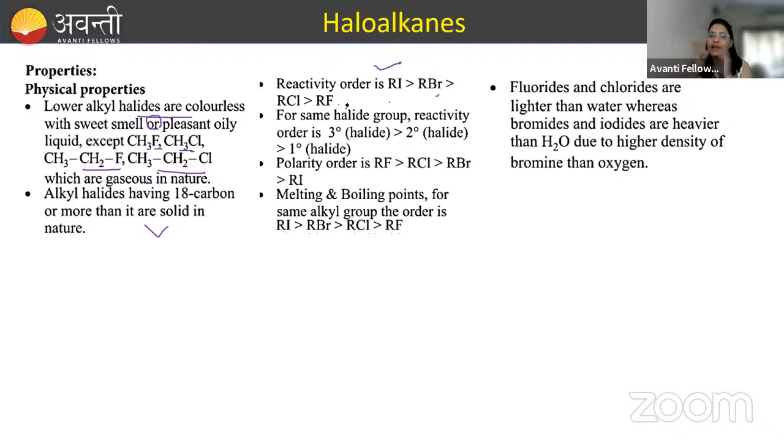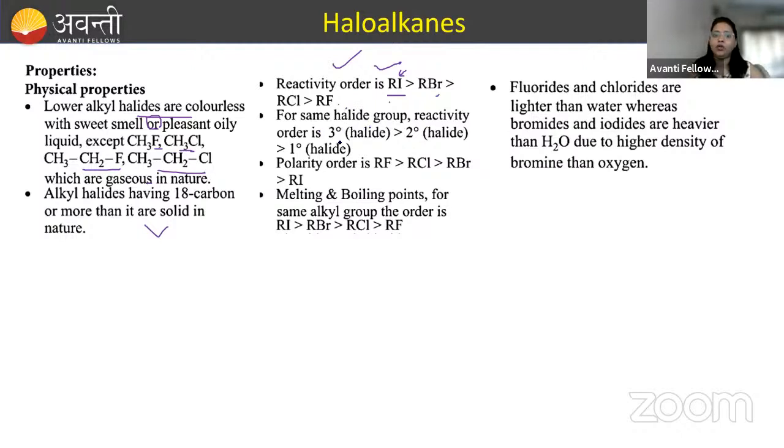The wider one, right? We can break it easily, but if it is a very small stick, we cannot break it easily. We need more force to break it. So that is the criteria here. Again, for the reactivity order, RI can easily react because its bond is very large and less energy is required to break it, and that's why the reactivity is high.